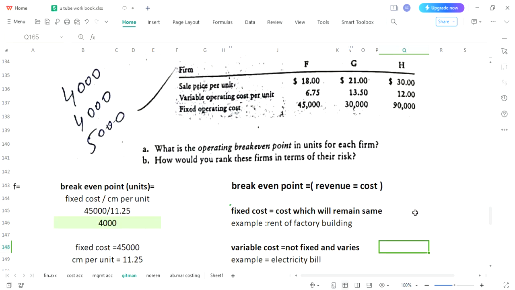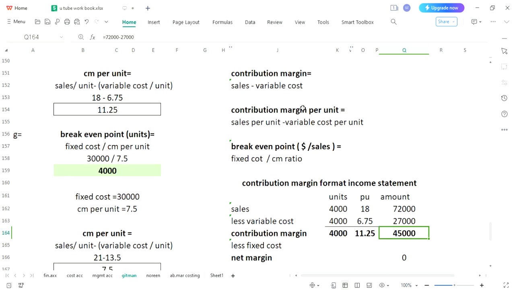Let's get back to the question, and you have your fixed cost, which is 45,000. Put 45,000 in front of fixed cost, and as you can see, your contribution margin and your fixed cost have been same. It means your answer would be 0, which was already mentioned even before start of this proof.